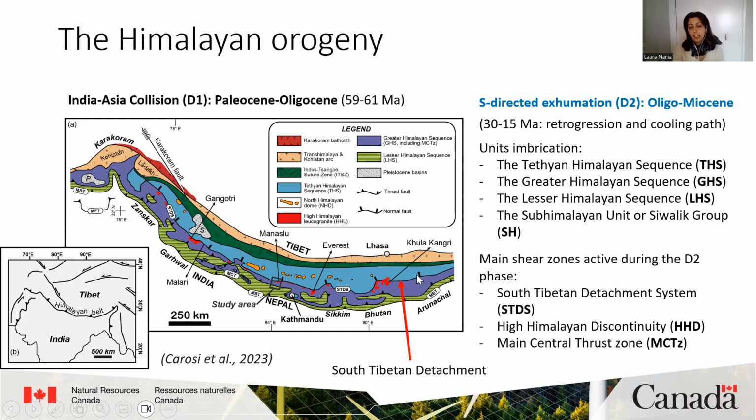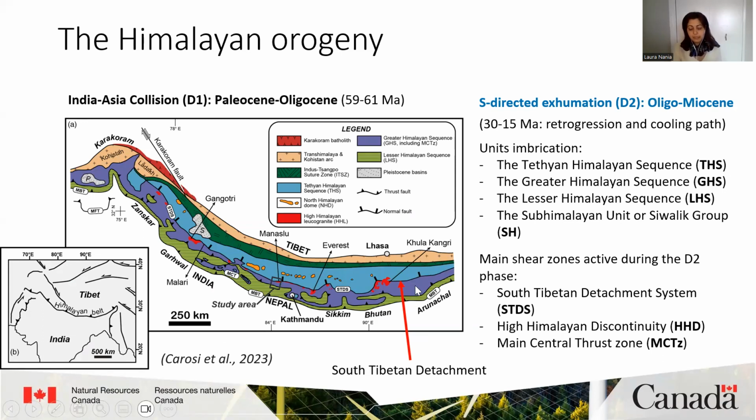This is a syncollisional detachment, so it was active during the main exhumation of the belt, which occurred during the Oligo-Miocene. It is a structure between two main units, shown in purple.